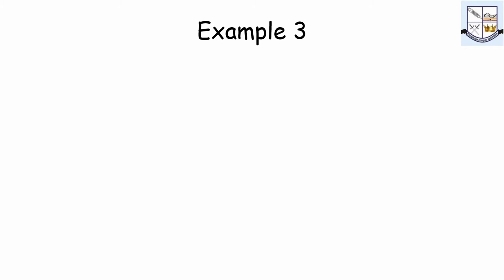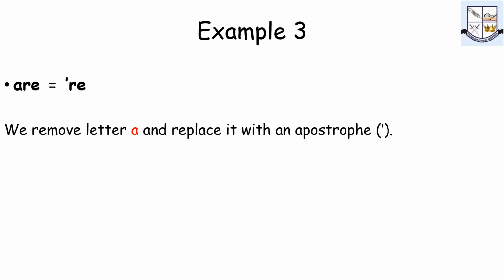Example 3. Are equals apostrophe RE. That is, when are is contracted, it gives us apostrophe RE. We remove the letter A and replace it with an apostrophe, as we have seen on the board.